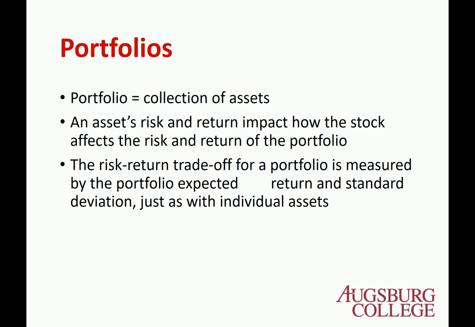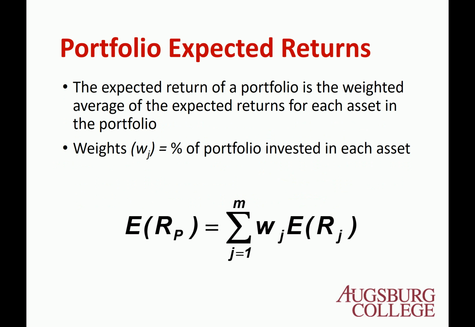And as we know, obviously the assets' risk and return impact how each stock affects the risk and return of the portfolio. In fact the risk-return trade-off that we learned in chapter 10 is, for the portfolio, measured by the portfolio expected return and standard deviation, same as an individual asset. So we can treat the portfolio as one asset. So how to find the portfolio expected return?